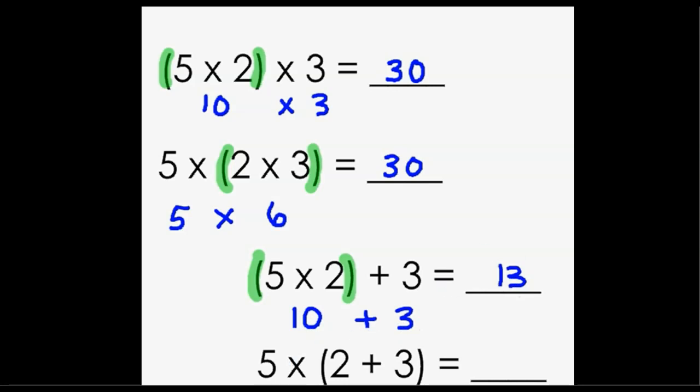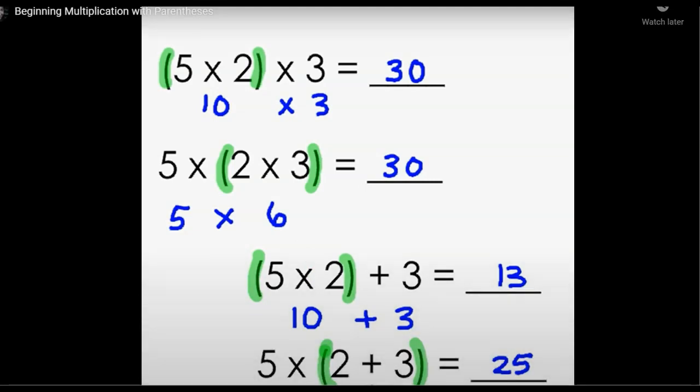In this one, we start with the parentheses. 2 plus 3 is equal to 5. 5 times 5 is equal to 25. Look at that. The answers are different. Just because we added a different symbol, now we're not getting the same answers. Always start with the parentheses and you'll never go wrong. Cool.